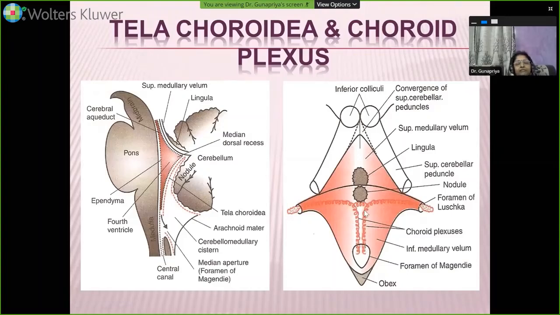You can make out the double layered fringe opening out through the foramen of Magendie. This is a capillary vascular fringe arising from PICA, posterior inferior cerebellar artery, branch of the vertebral arteries, and it comes out through Luschka. It's coming out here, the double layered fringe in the vertical limb. The horizontal limb is a single vascular fringe. So these 2 together will help in the synthesis of cerebrospinal fluid within the cavity of the fourth ventricle.